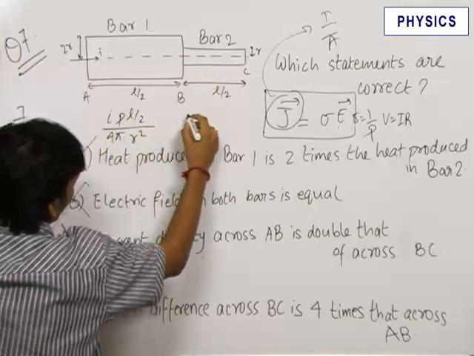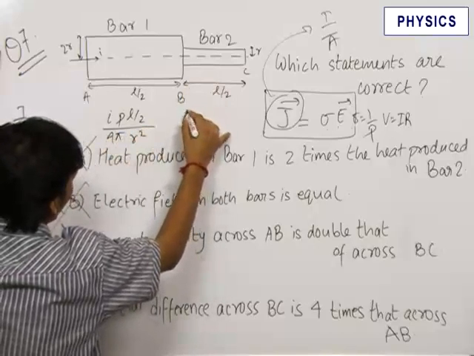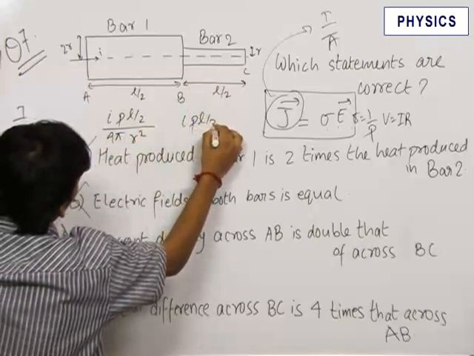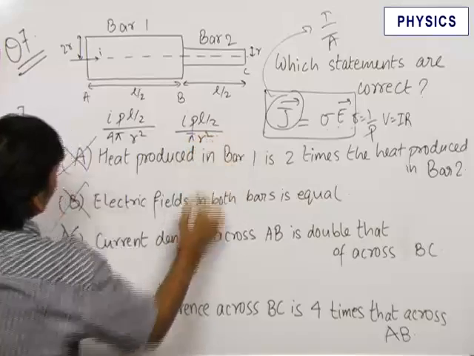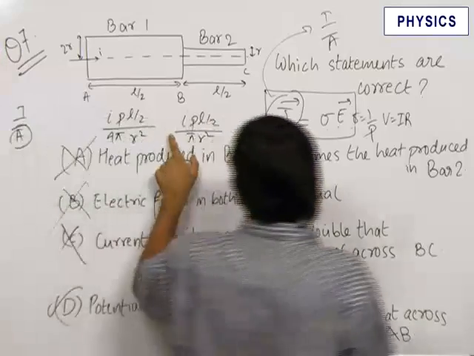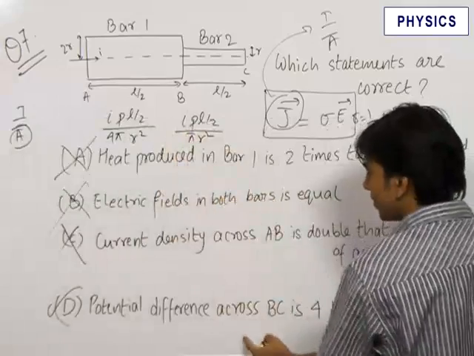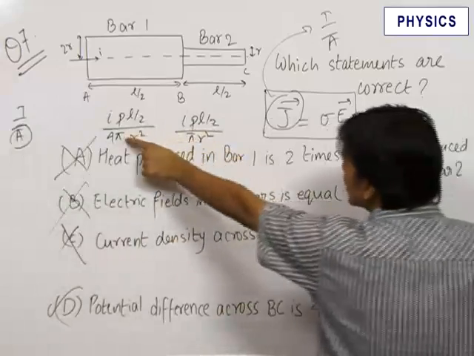For BC the potential difference will be equal to I into rho L by 2 upon pi R square. So clearly we see that the potential difference across BC is 4 times the potential difference across AB.